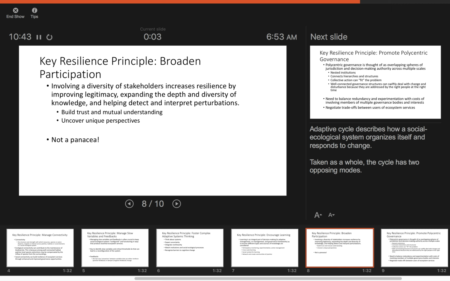Broadening participation. This is something we have really touched on either implicitly or explicitly. A lot of the reading up to date has talked about this notion of broadening participation in the environmental governance process. Involving a diversity of stakeholders increases resilience by improving legitimacy, expanding the depth and diversity of knowledge, and helping to detect and interpret disturbances or perturbations in the system.